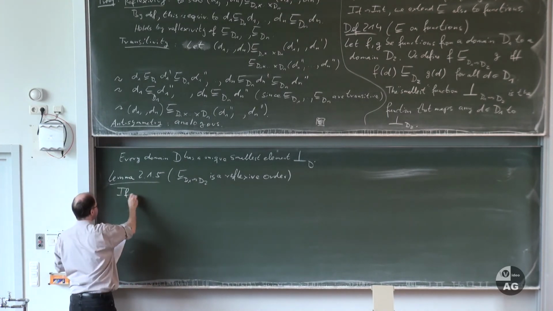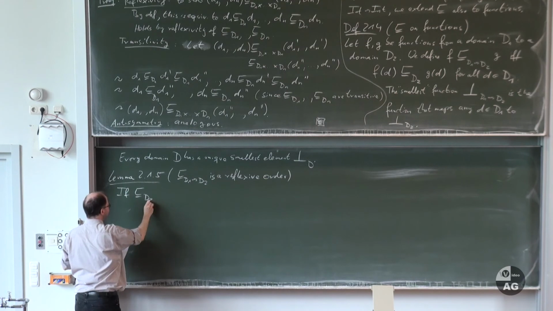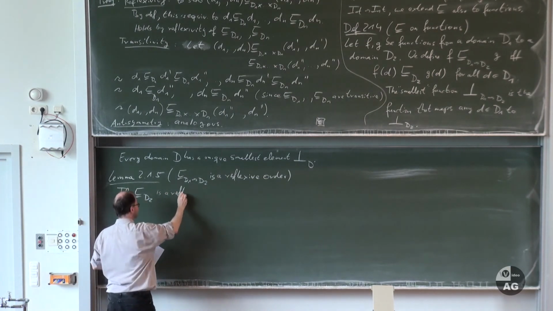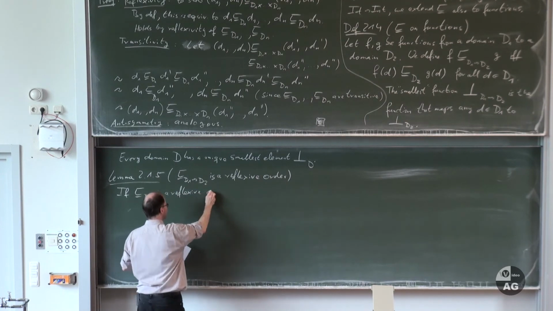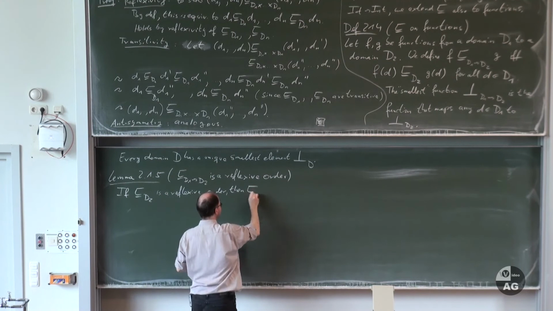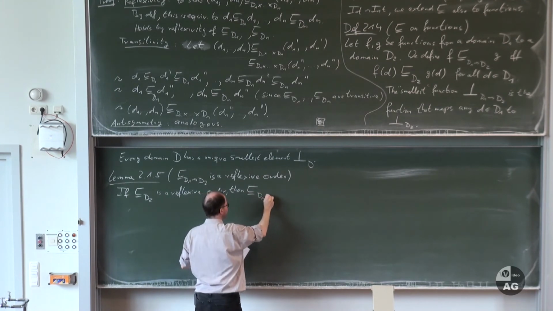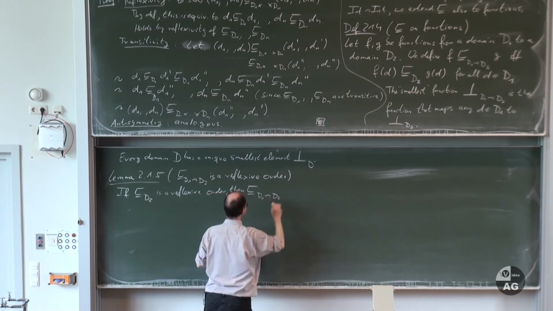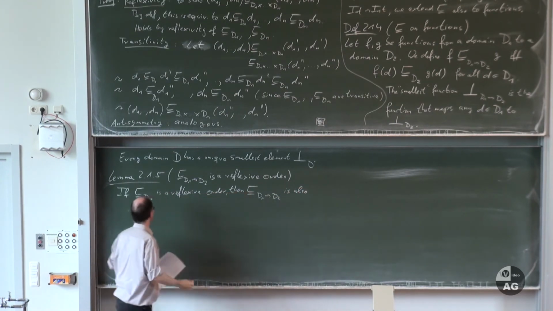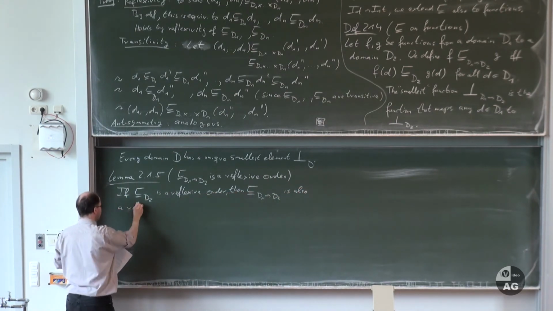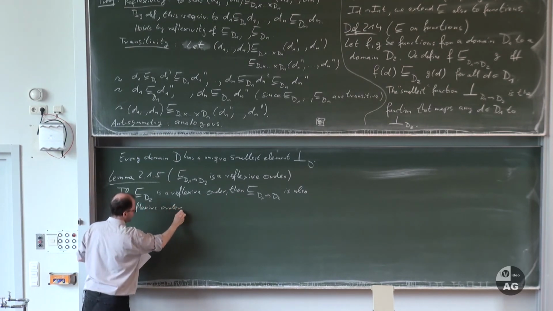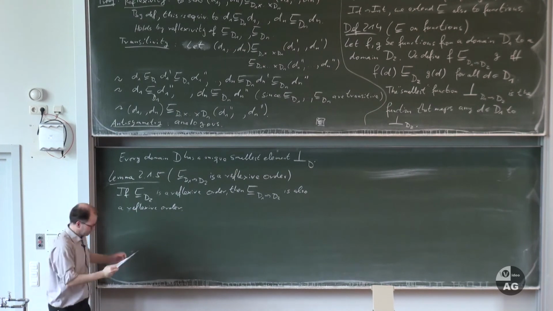So the lemma states if this is a reflexive order on D2, then the less defined or equal relation on this set of functions is also a reflexive order.